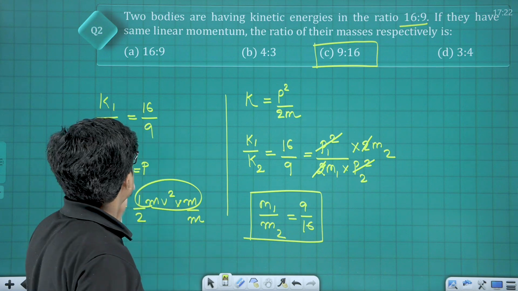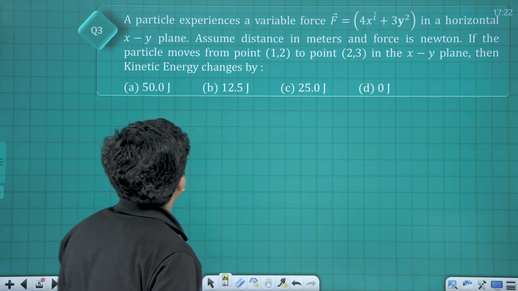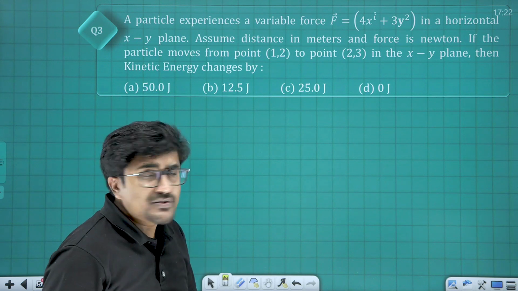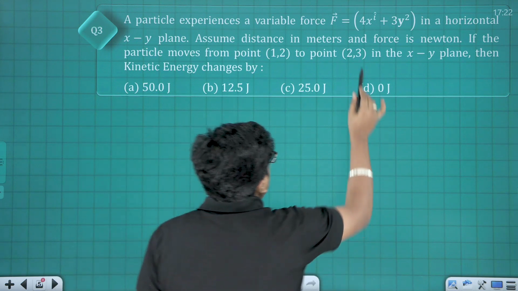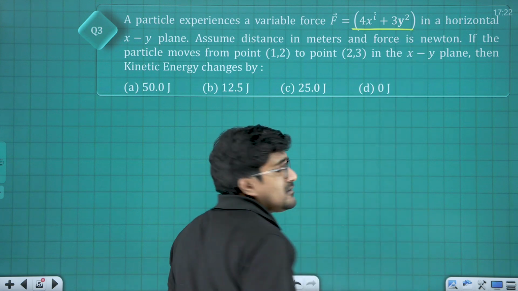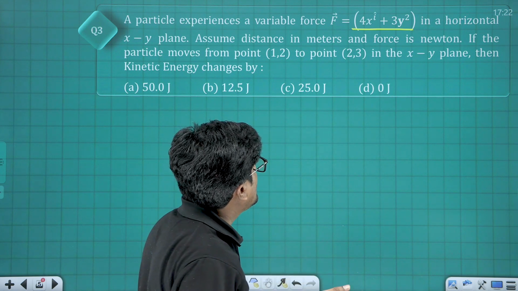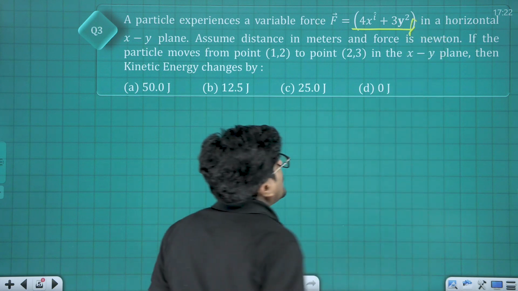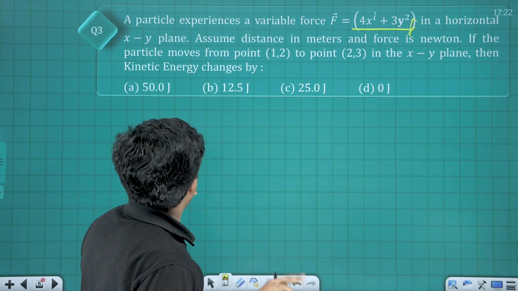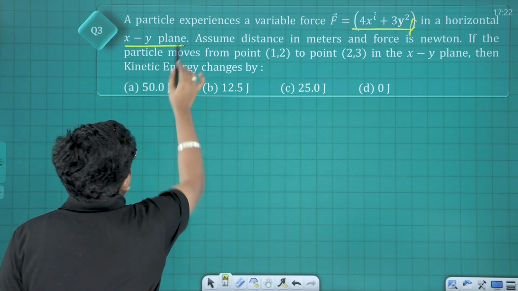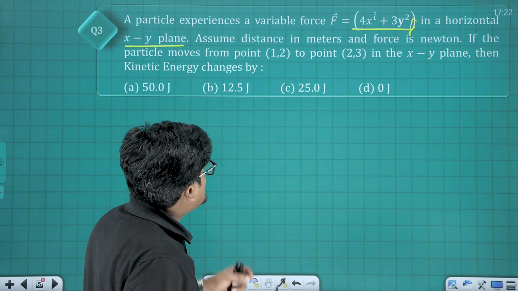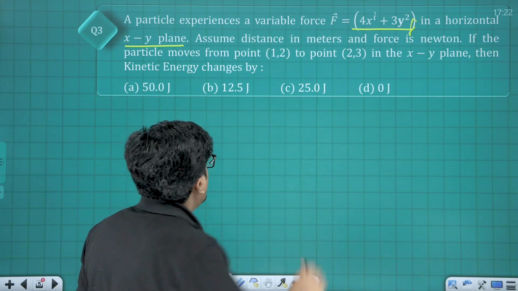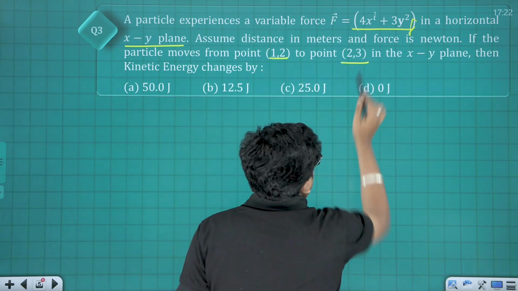Our next question is question number 3. Question number 3 says, a particle experiences a variable force F equals 4x i cap plus 3y square j cap in a horizontal xy plane. Assume distance in meters and force in Newton. The particle moves from point (1, 2) to (2, 3).